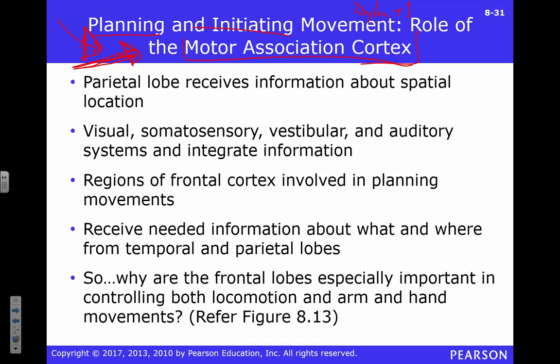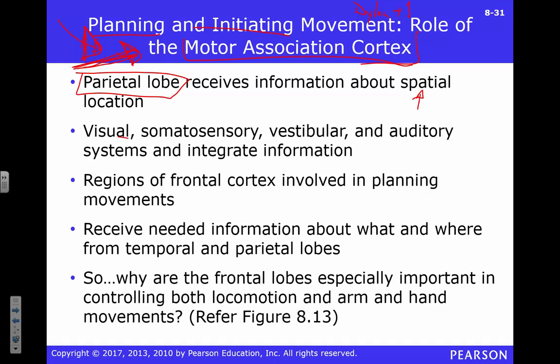So, anyway, planning these movements is very difficult, right? We're constantly getting feedback information, and we'll talk about some of that in a moment. We're constantly sending out information, really trying to coordinate these two things. Your parietal lobe, located right up in here, is constantly getting information about your spatial location and the location of other objects in your space.